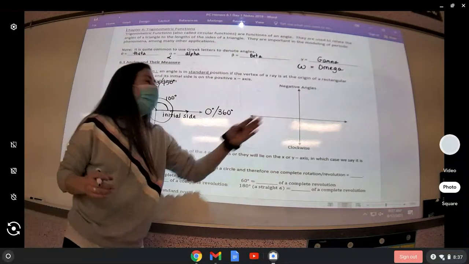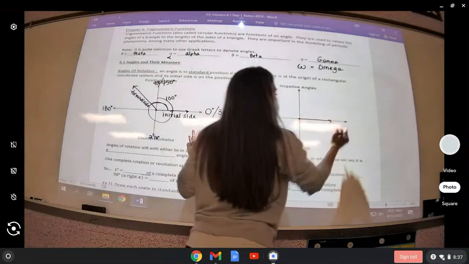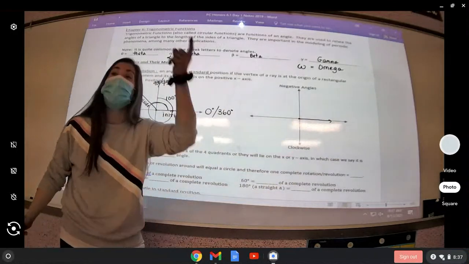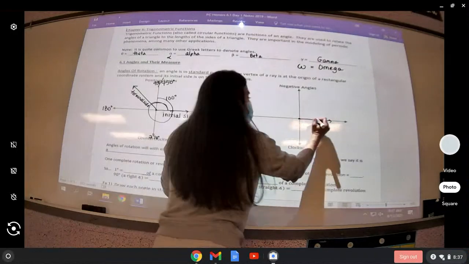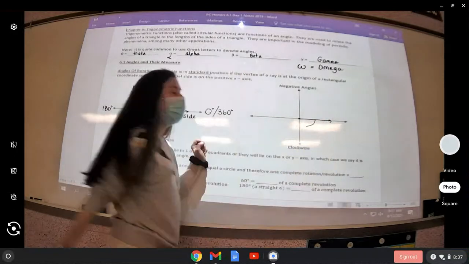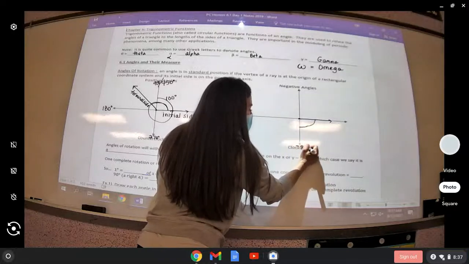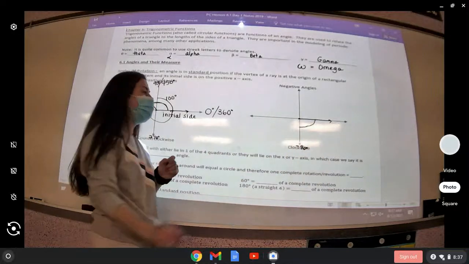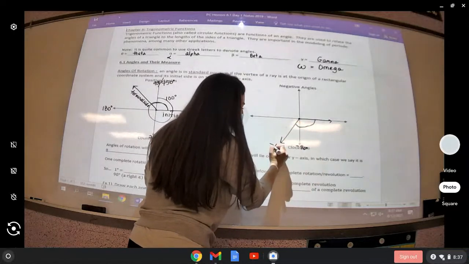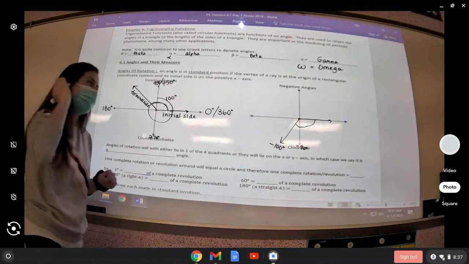All right, then you do the same thing for negative angles. You start with a ray on the positive x-axis, but now to create a negative angle, you go clockwise. So this would be negative 30 degrees. This would be negative 60 degrees. This is negative 90 degrees if you rotate all the way to there. If I go a little bit more, this is where negative 100 degrees would be when you rotate in that clockwise motion.